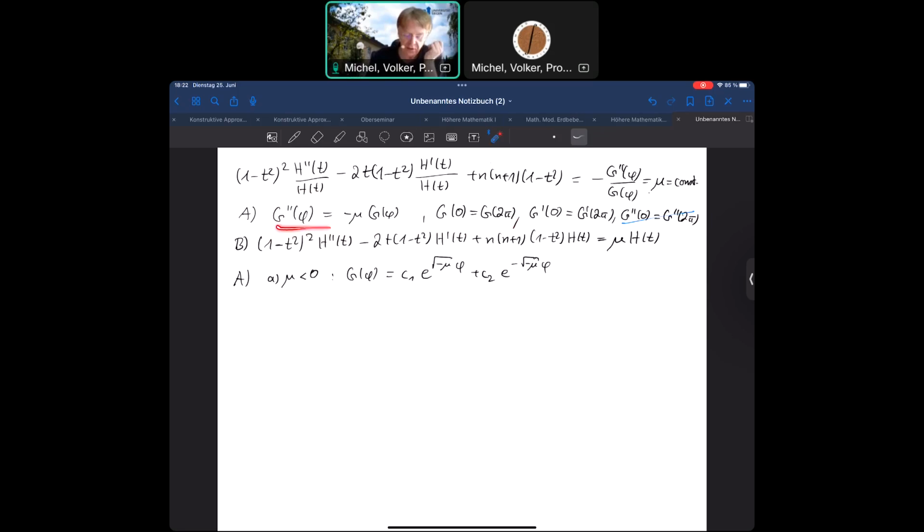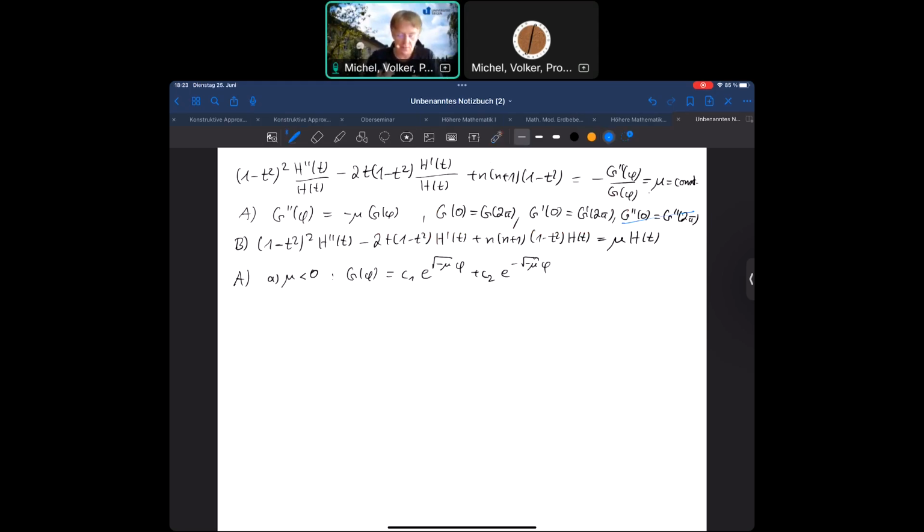Now if you differentiate that equation, you get that the third derivative of G is minus mu times the first derivative of G, and this automatically implies the same condition for the third derivative. Then it's a simple induction to see that every derivative of G automatically satisfies that condition. So we really only need these two conditions.